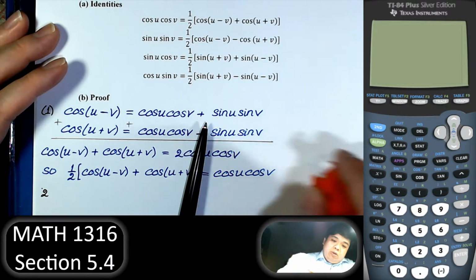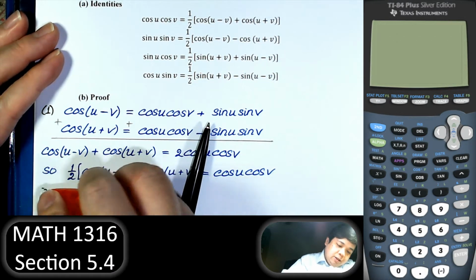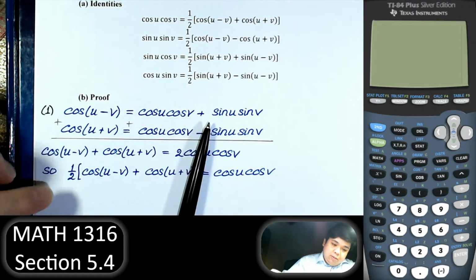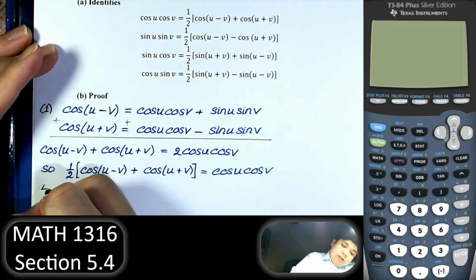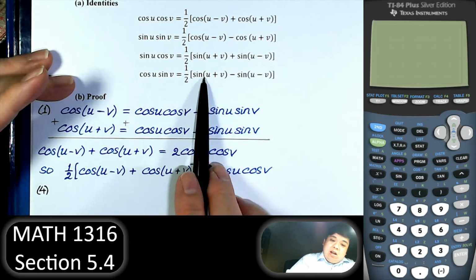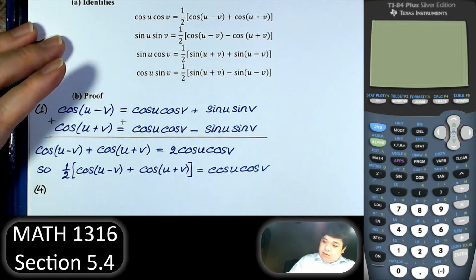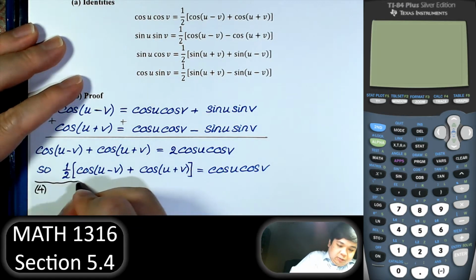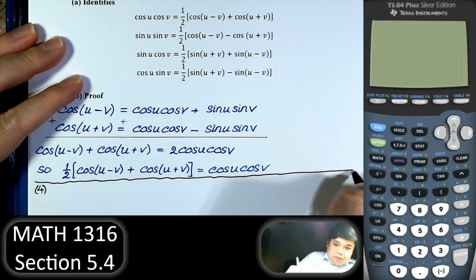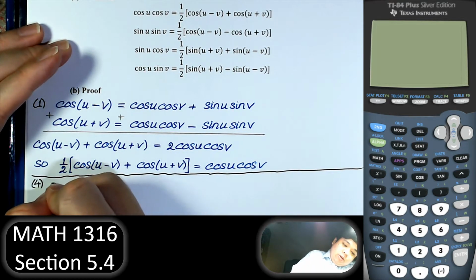Now let's just prove the last one, number 4. In this case, we have sine of u plus v and sine of u minus v. So we start with sine of u plus v.